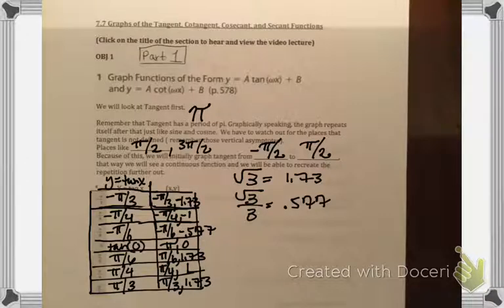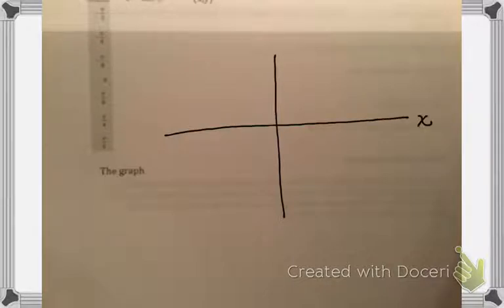I'm ready to graph out what tangent looks like. You're going to have to refer back to that chart or draw it on the same page. First things first, I've got to put my values in. The x-axis is once again my angles. The y-axis is going to be the value at those angles. So this is negative pi over 2. Remember, that's where the asymptote is, so let's place that in there.